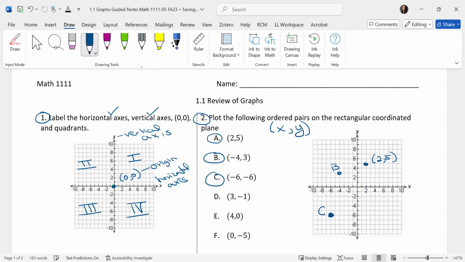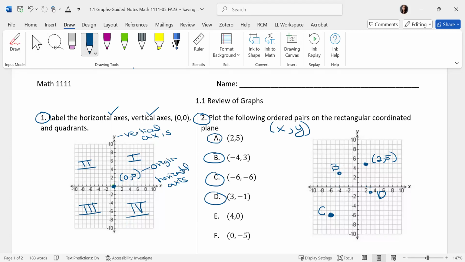So there's C. For D, 3, -1, we go to the right 3 and go down towards -1. Okay, that's a funny looking point. Let's do it again. So that is D.